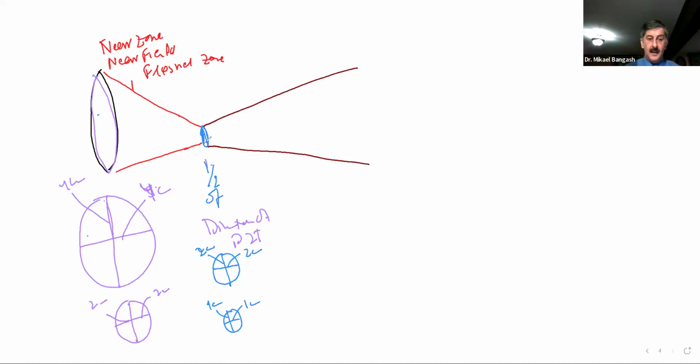And since it has the narrowest point, it's going to have the highest intensity. Did you guys get that?